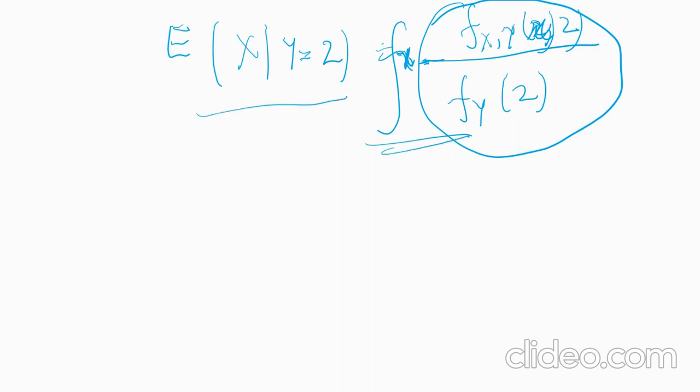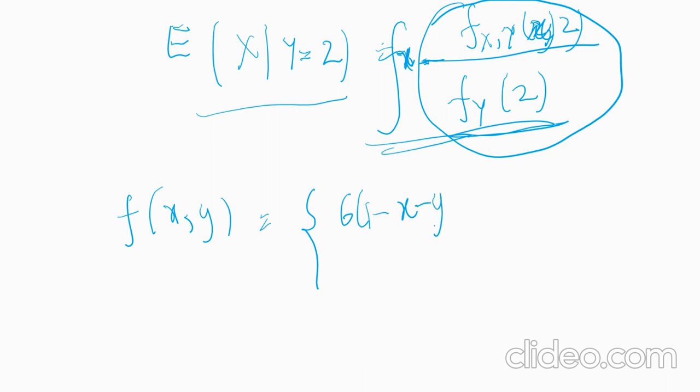Okay, this will be the expectation. So firstly we need to find f of y. Now as we have defined, fxy is 6 times 1 minus x minus y, and it is defined in the region x comma y greater than 0 and x plus y less than or equal to 1, and 0 elsewhere.